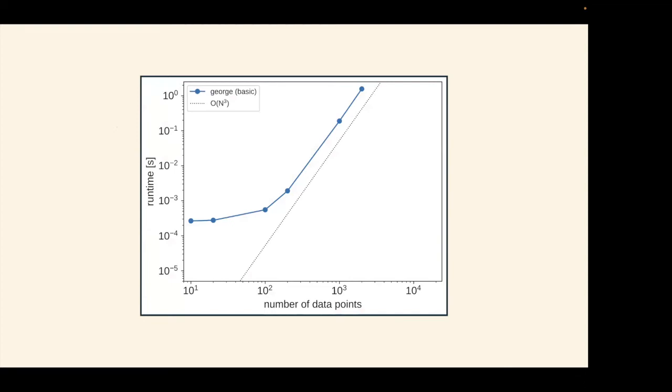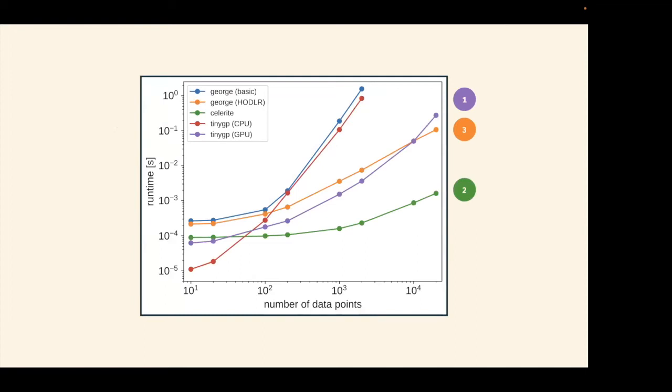here's the plot that I showed you before. I've worked a lot on building different Gaussian process codes, like I talked about before, and here I've made a plot of a bunch of my different codes running in different environments with different choices, covering the range of bases that I talked about.